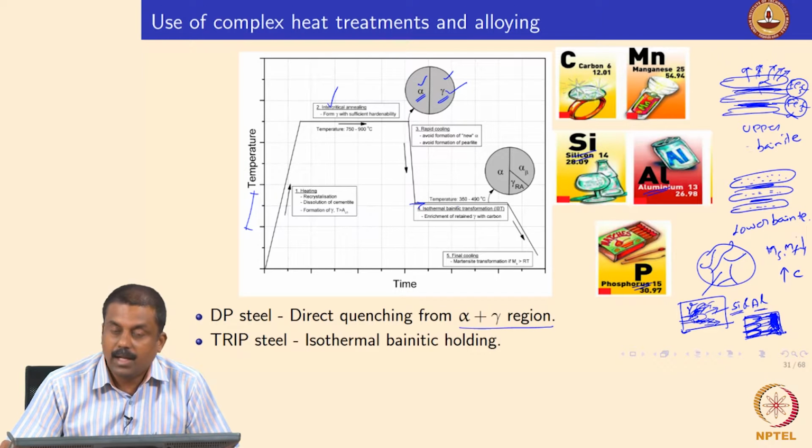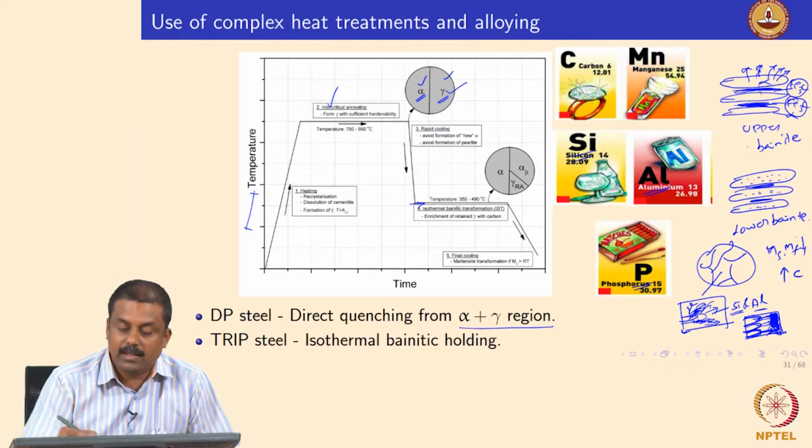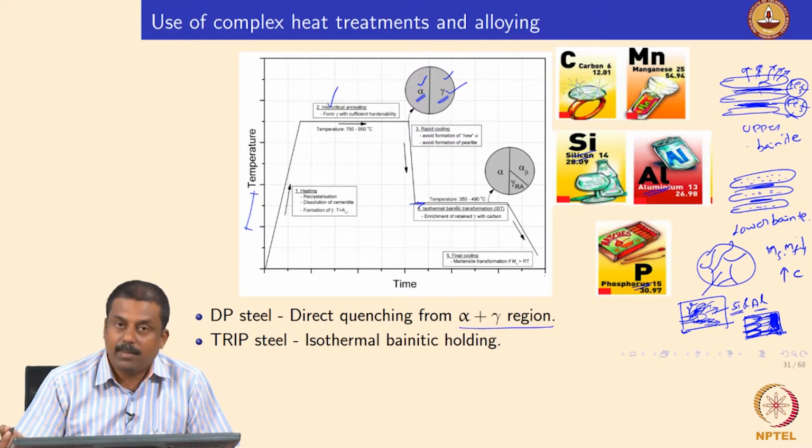You can now assume that upon sufficient enrichment in carbon, the austenite, which is untransformed, would remain as austenite upon subsequent cooling, because the next transformation when you cool from here is obviously the martensitic transformation. But if you are enriching austenite significantly in carbon, your MS and MF temperatures would decrease much further.